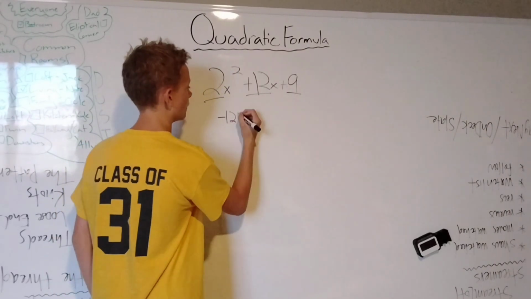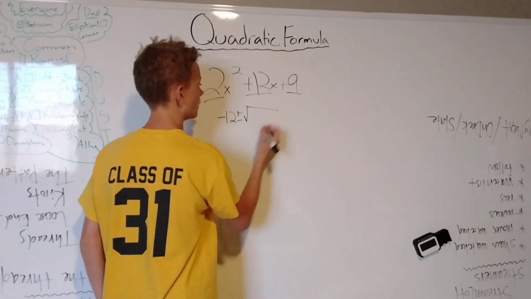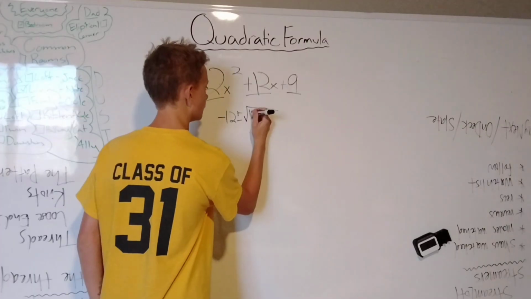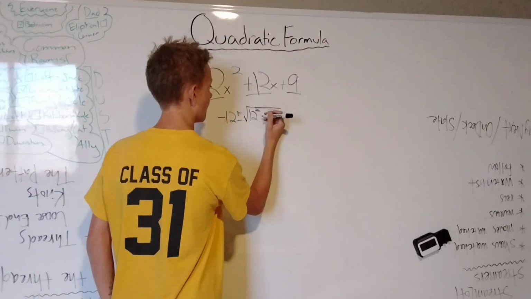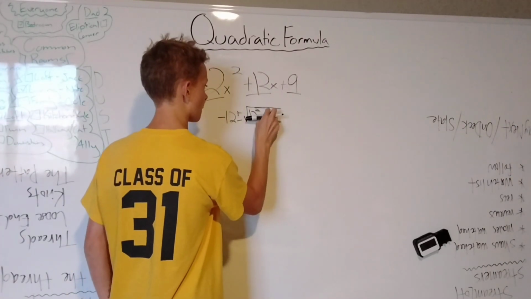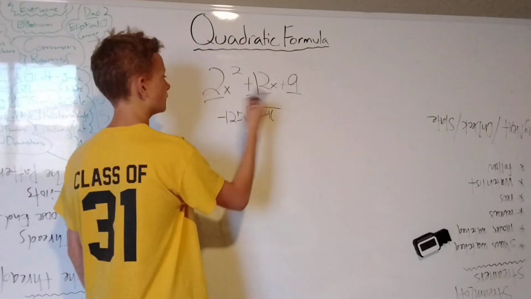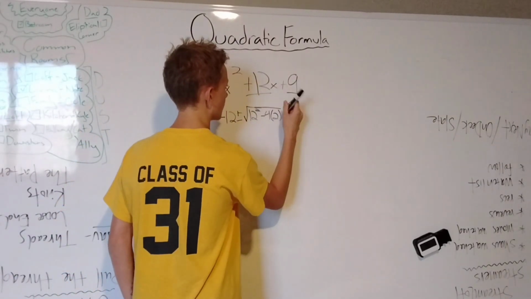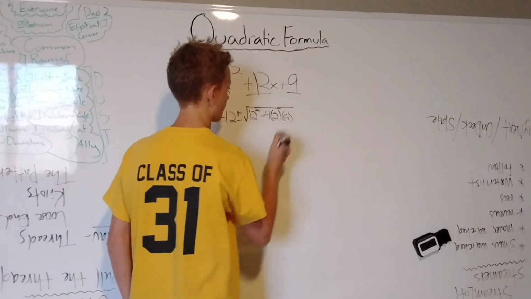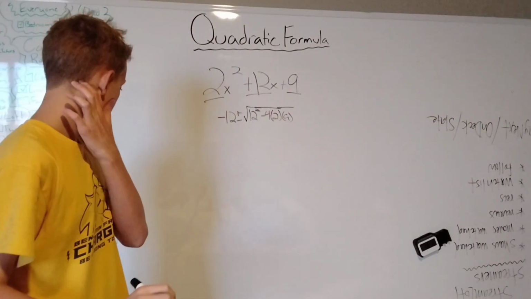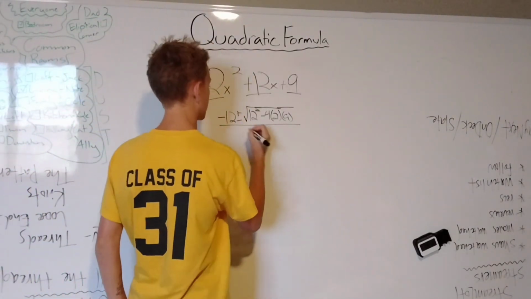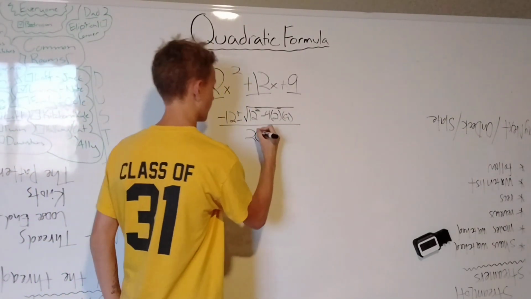So negative 12 plus or minus the square root of b, 12 squared, minus 4 times 2 for a, times 9 for c. And now we put this all divided by 2 times 2 for a.